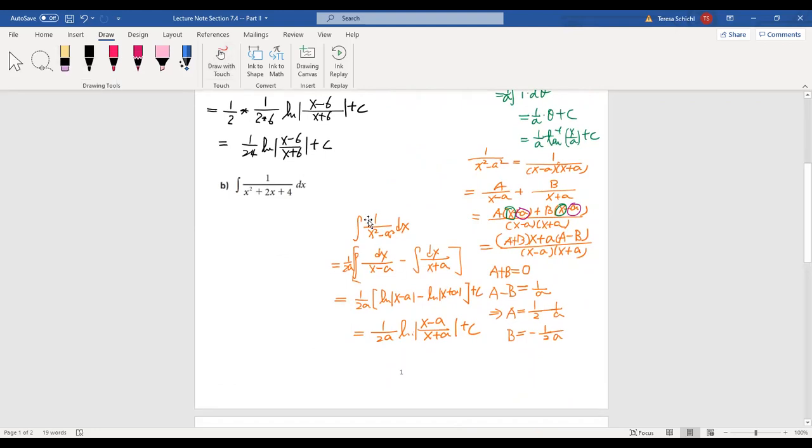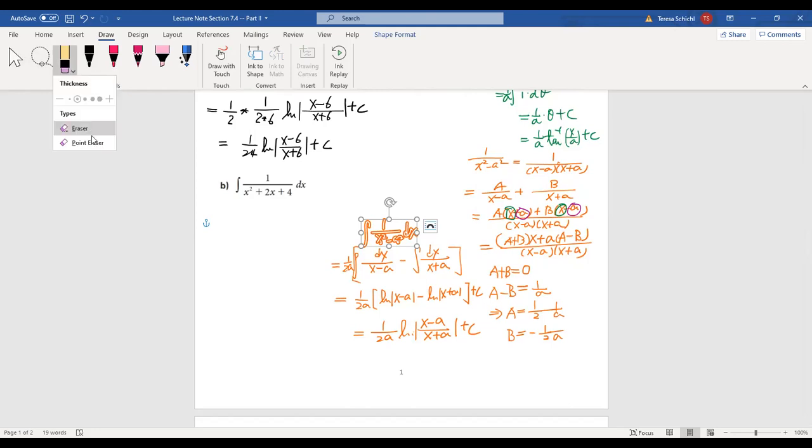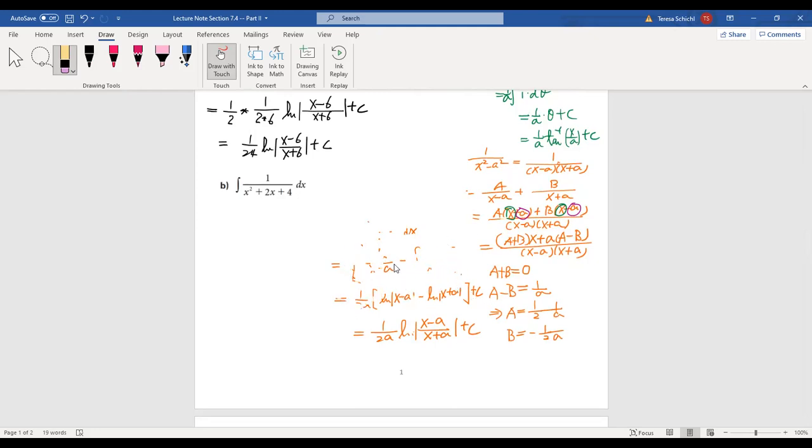And I think I need to erase, oops, so what happened here? Let me see, I can erase something. All right, I need some space here. Why does it take so long to erase?